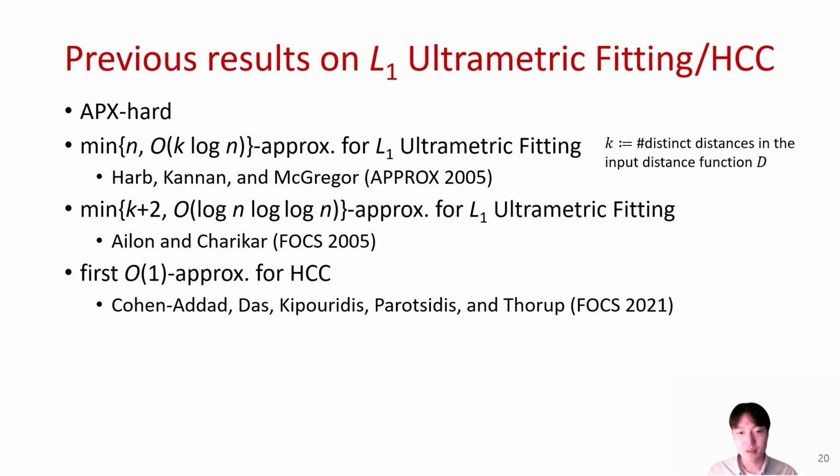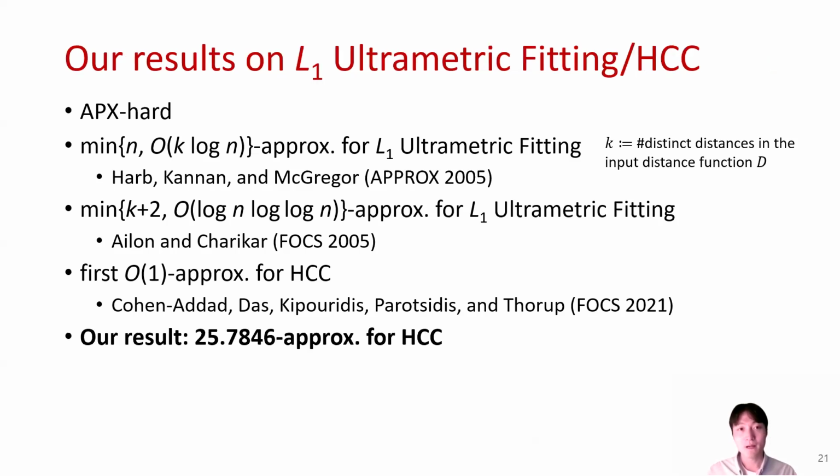Cohen-Addad, Das, Kipouridis, Parotsidis, and Thorup gave the first constant approximation algorithm for the hierarchical correlation clustering problem. Our result is an algorithm whose approximation ratio for hierarchical correlation clustering is less than 26.